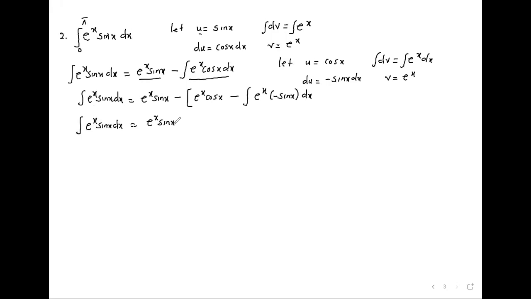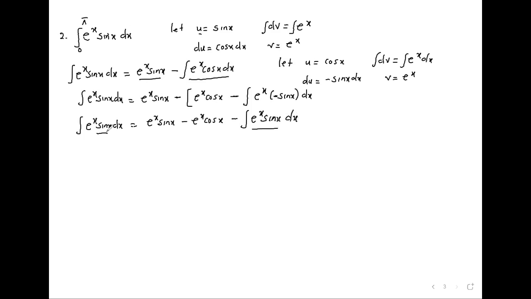We're now expanding negative times e^x cos x. We'll have minus e^x cos x. Negative times negative, you get positive. Positive times negative, you get negative. The integral of e^x sin x dx. But this thing is what we have on the left.